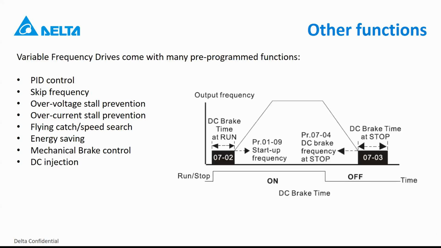And what this does is inject a current into the motor, which makes sure that the motor develops enough torque so that as soon as you release the mechanical brake, the load does not sag or pull on the motor in the opposite direction.